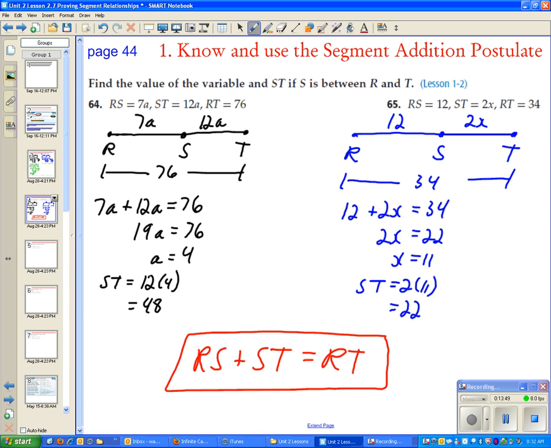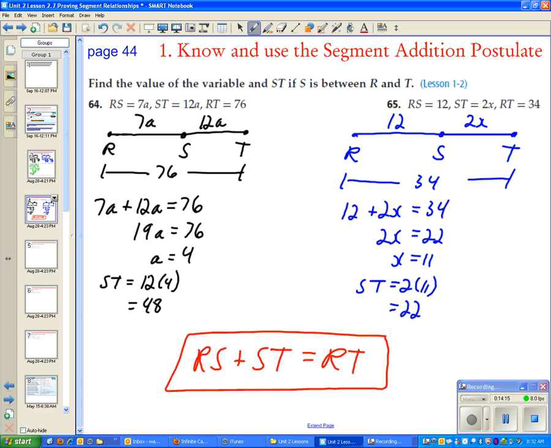In both cases, I used the segment addition postulate to get my equation, didn't I? According to the segment addition postulate, since S is between R and T, the length of RS plus the length of ST must equal the length of RT. Remember this? You've heard me say this a bunch of times. Sometimes we add things together because we know what the result is.